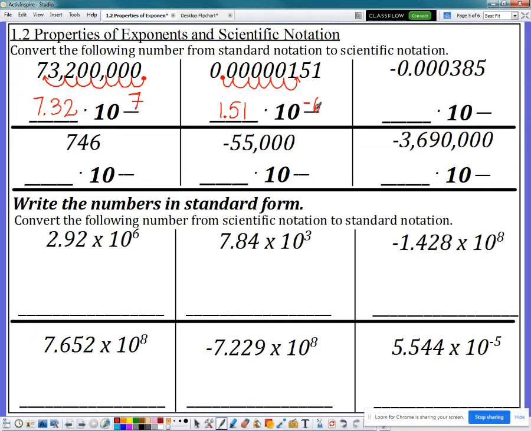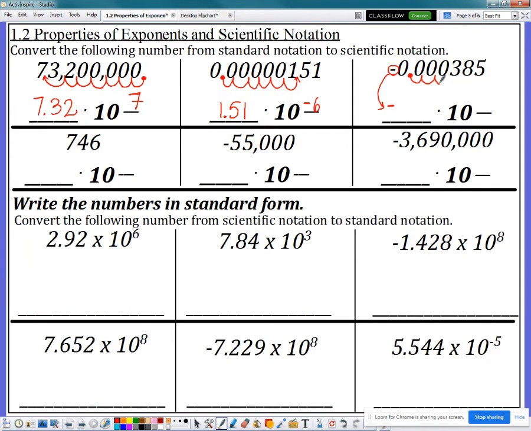And if you move to the right side, we have the negative 0.000385. What I tell my students with this negative is just go ahead and bring it down right here to your answer because it's going to have to stay there. So now kind of ignore it, so to speak, and just focus on the decimal. I want to take this decimal and move it between a number between 1 and 10. So the first two non-zero numbers.